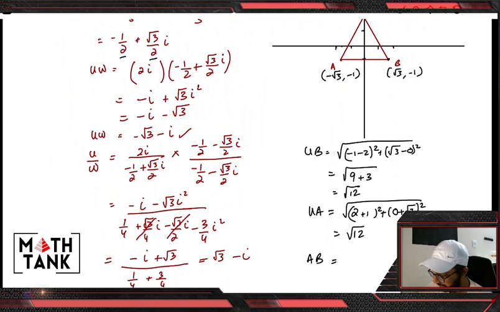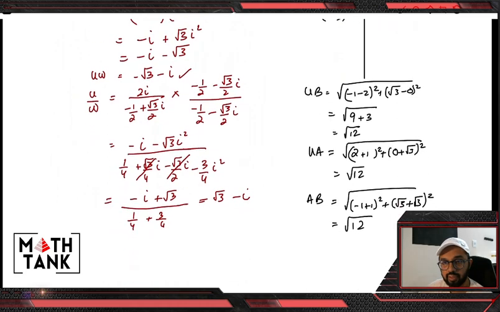AB is simply, there's no y2 minus y1, so minus 1 plus 1 whole square, root 3 plus root 3 whole square. So that gives me again 2 root 3 and squared gives me root of 12. So if all three sides are equal, all sides equal, the triangle is equilateral.